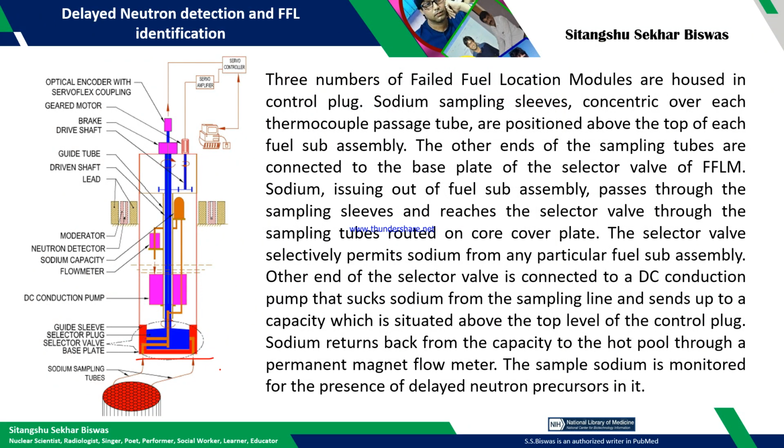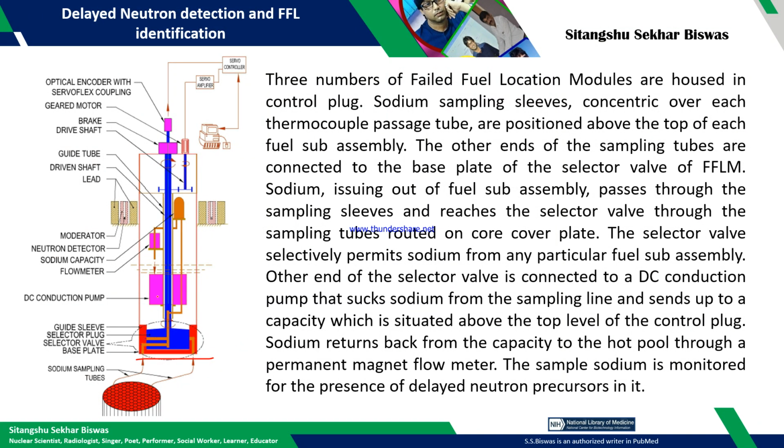Then the sodium which is coming out from the particular subassembly is passed through these sampling sleeves and reaches here. This is called a selector valve, and then whatever sodium is coming out is permitted through, and this tube is connected to a DC conduction pump.